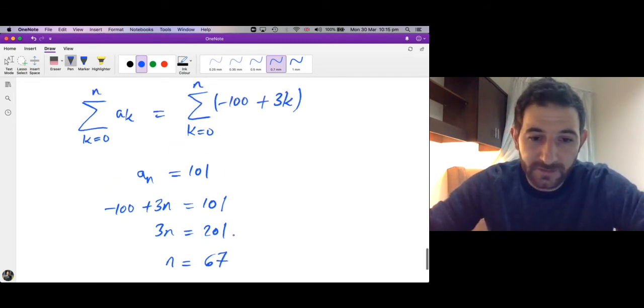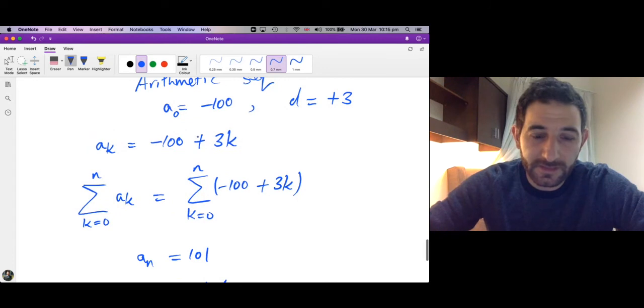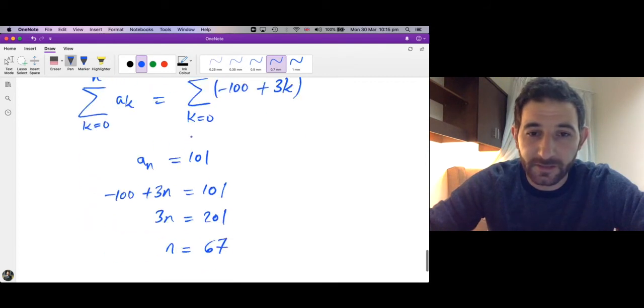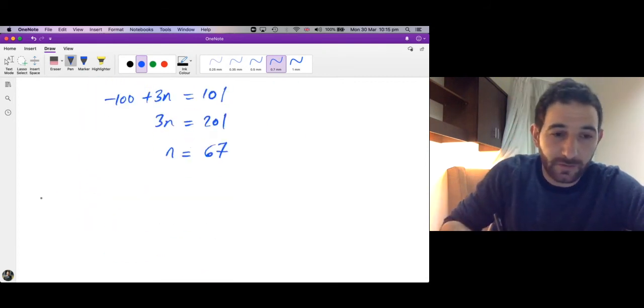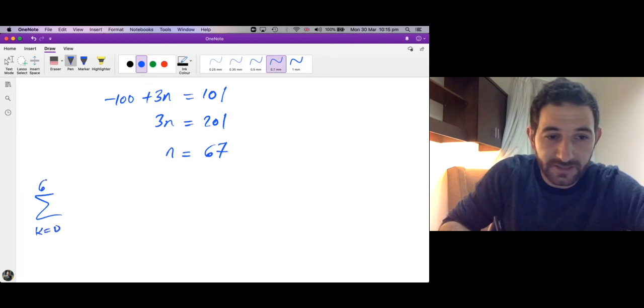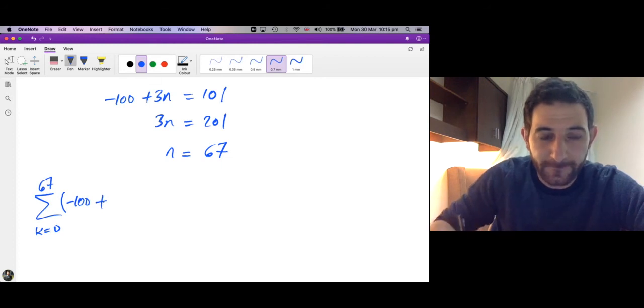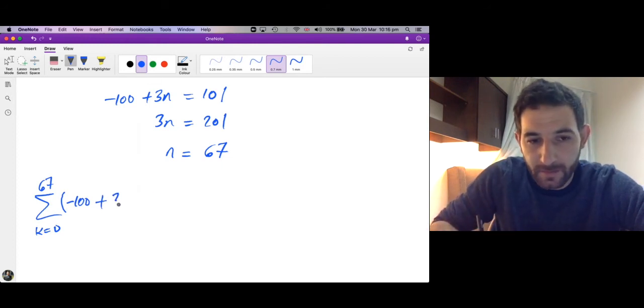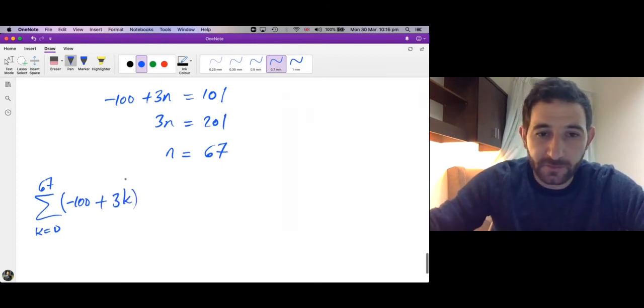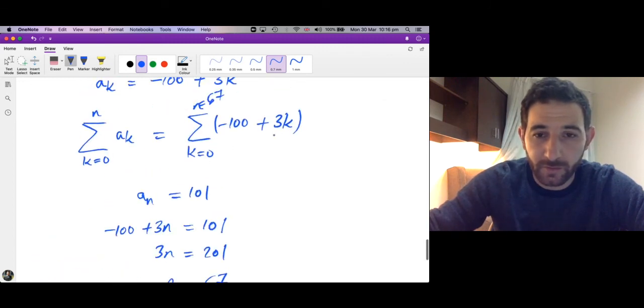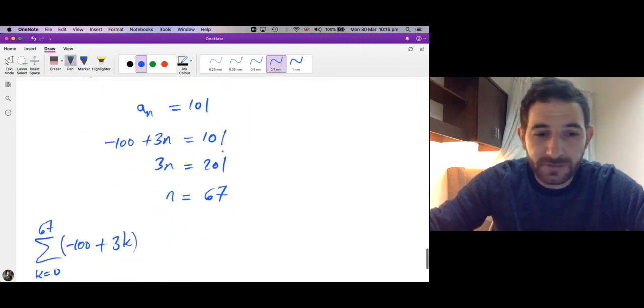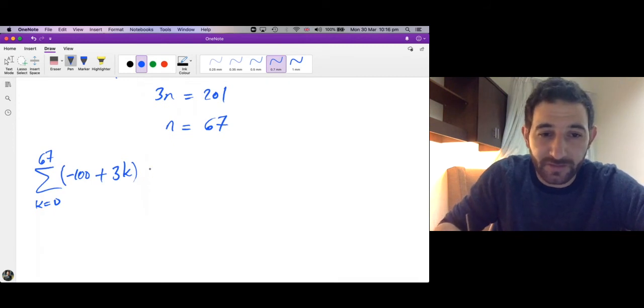Okay, so this n should be 67. So let me rewrite it again. We want to find the summation where k starts from 0, stops at 67, of negative 100 plus 3k, right? This is what we are aiming to compute. And now we will use the properties of the sigma notation.